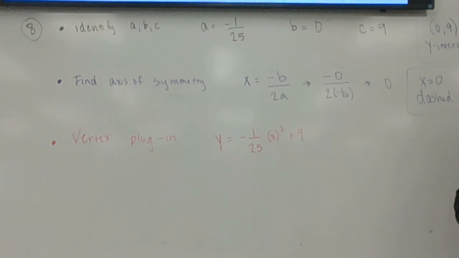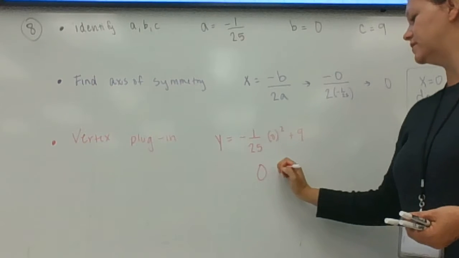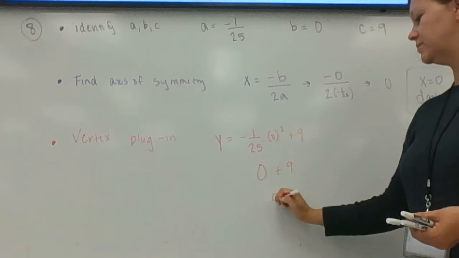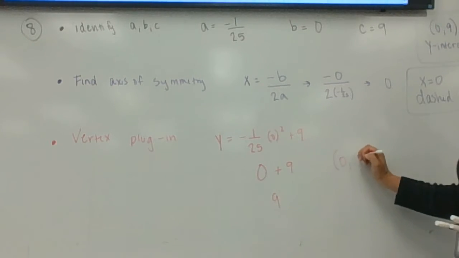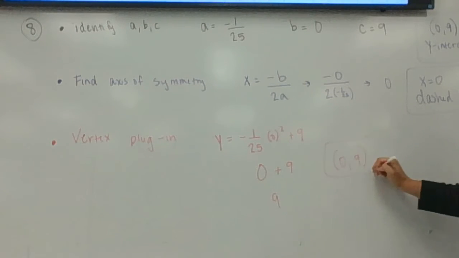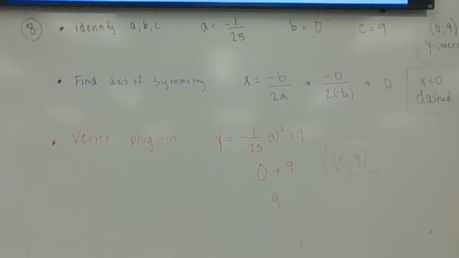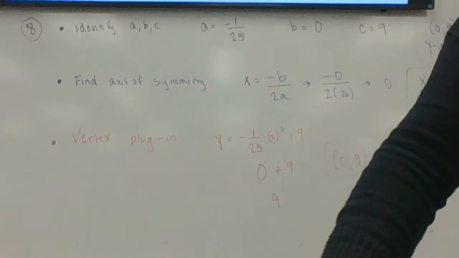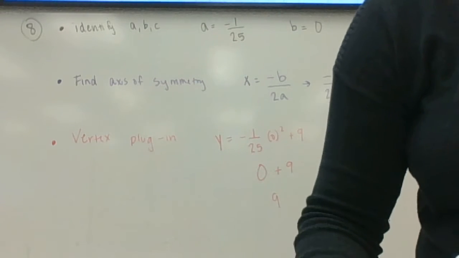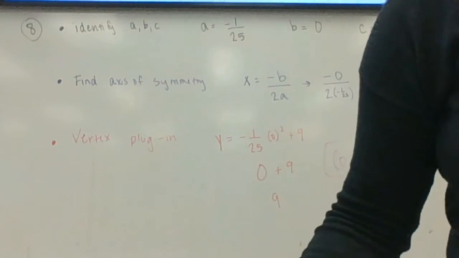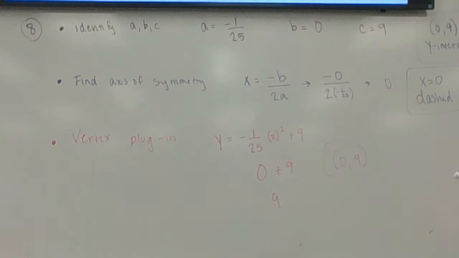Anything times 0 is 0. So this is just 0 plus 9, which is 9. And we saw this Friday. We graphed one like this, where the vertex and the y-intercept are the same. Anytime there's no b, the vertex and the y-intercept are the same. So we're ready for the table.